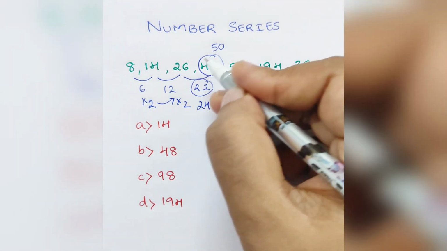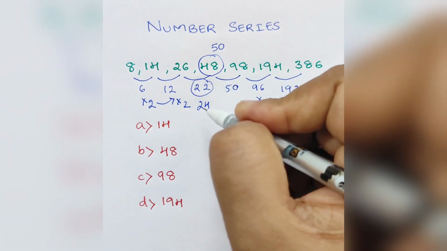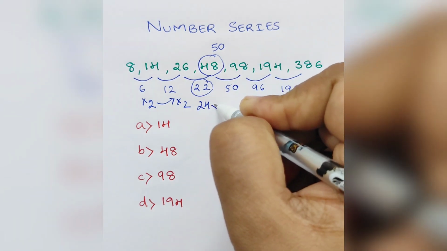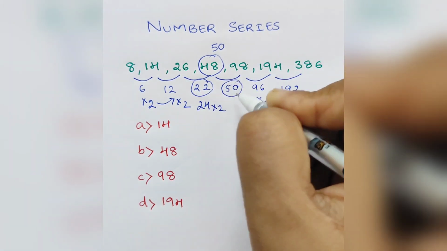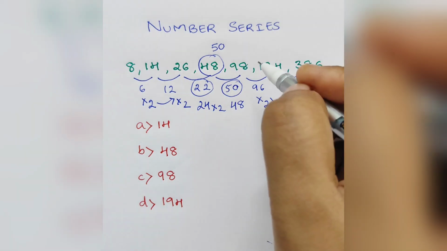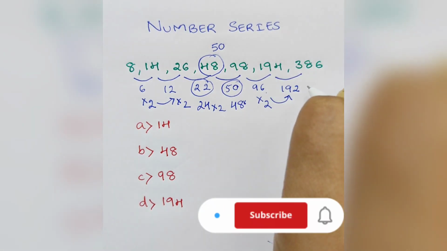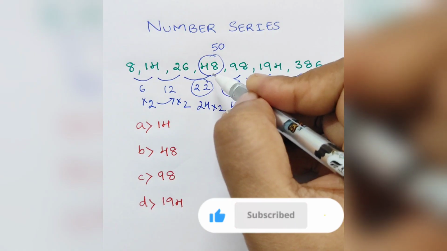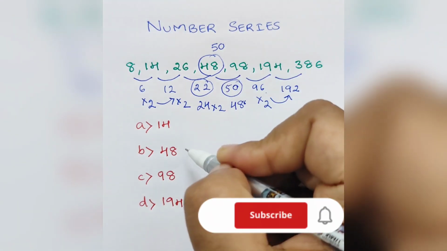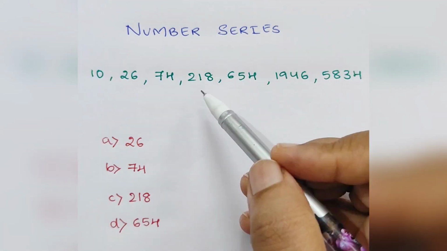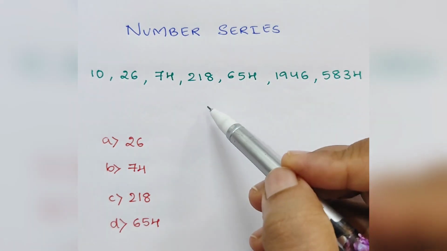So difference between 26 and 50 is 24. So 24 into 2 is 48. So 48 into 2 is 96, and so on. So 48 is the wrong number. Option B.